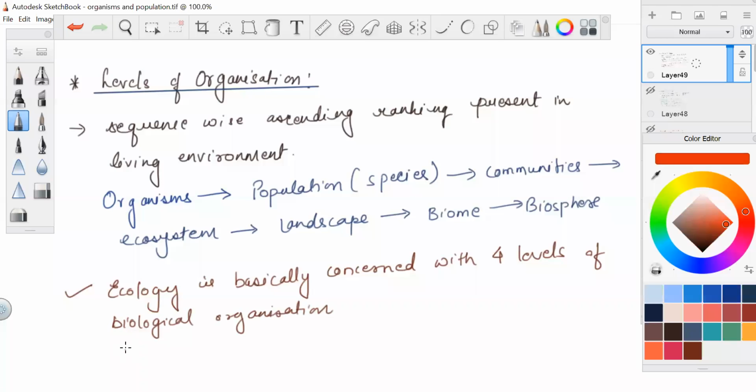The most basic is organisms, then the same population or species, then communities, and next biome.